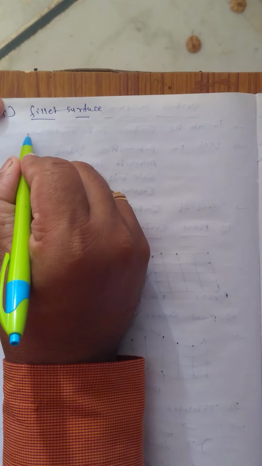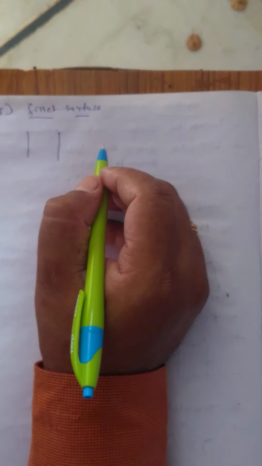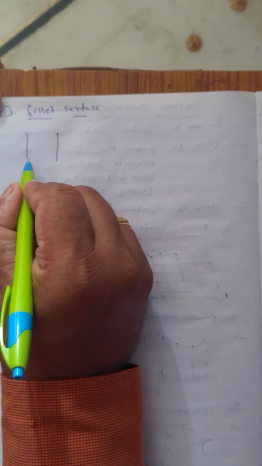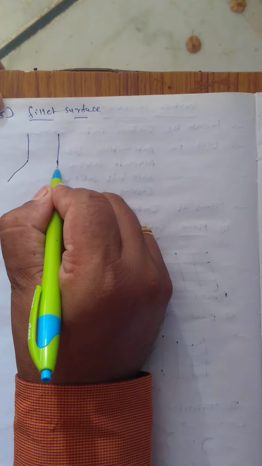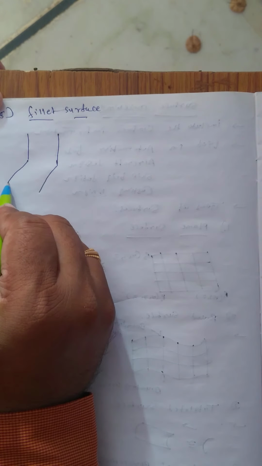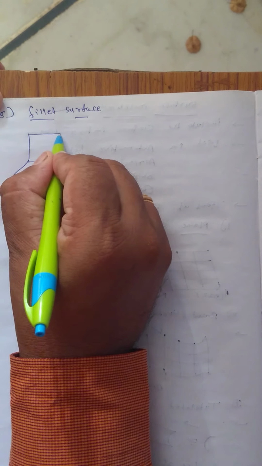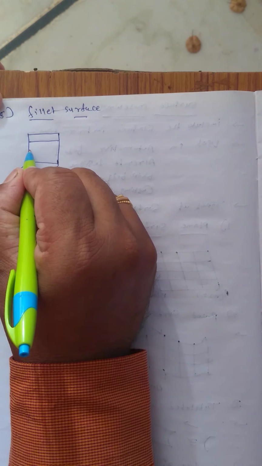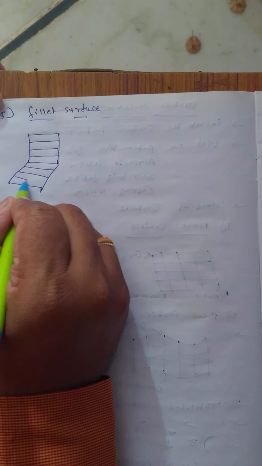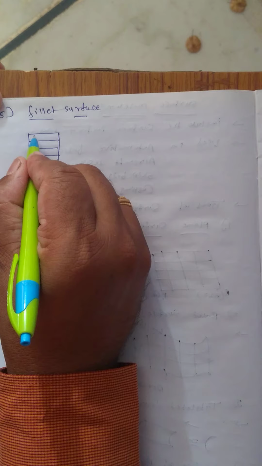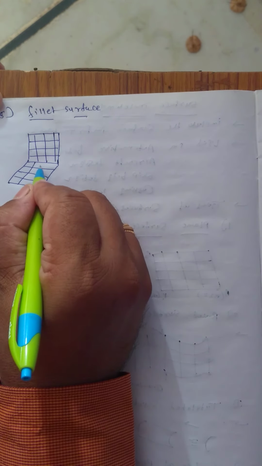Suppose you consider there is one surface, then one more surface like that. This is surface 1 and surface 2.